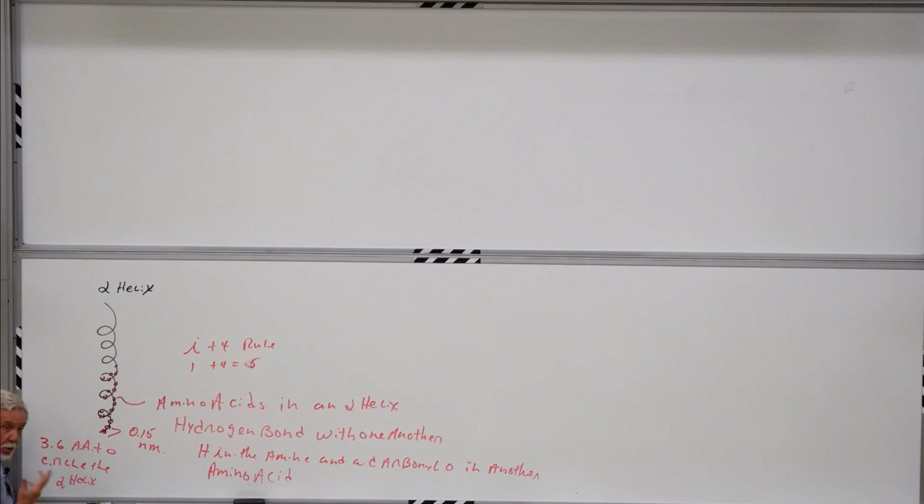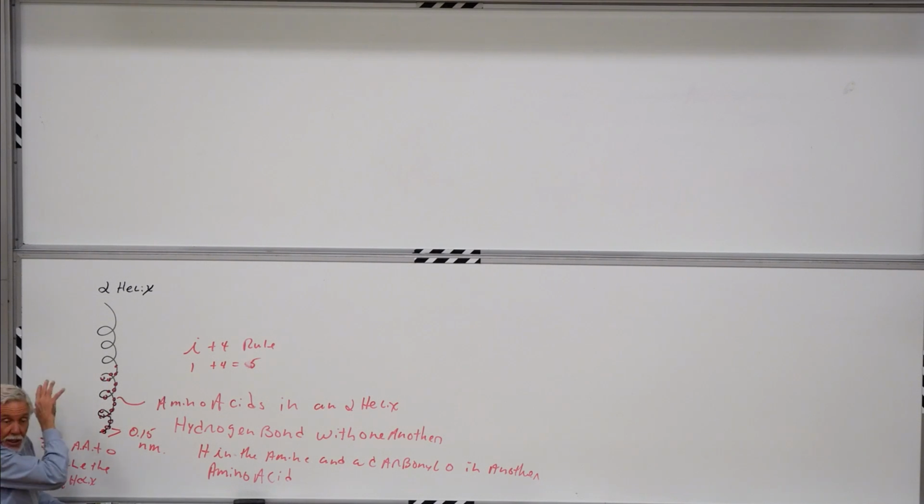Now, I'll say this, then we'll come back to it. When you start thinking about these alpha helices going across the phospholipid bilayer, typically a phospholipid bilayer is about 60 to 70 nanometers. So that means it's going to take something in the neighborhood of 40 or more of these amino acids to wend their way across the phospholipid bilayer. And we'll talk about that a little later.